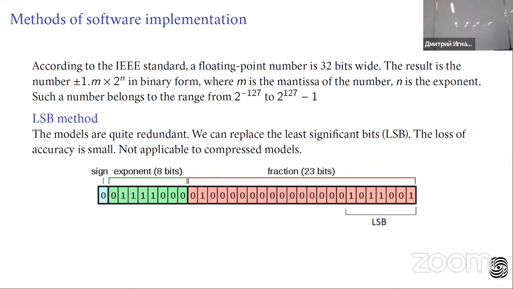The next bits are the exponent of the number. And the last 23 bits are the fraction, or mantissa. The resulting number will be plus or minus 1 point mantissa times 2 to the power of the exponent. And what if we change the last several bits into arbitrary numbers? How will it change the number?